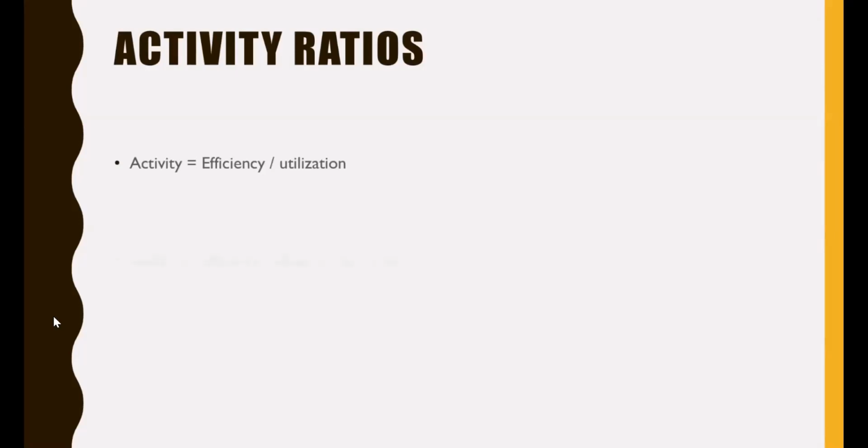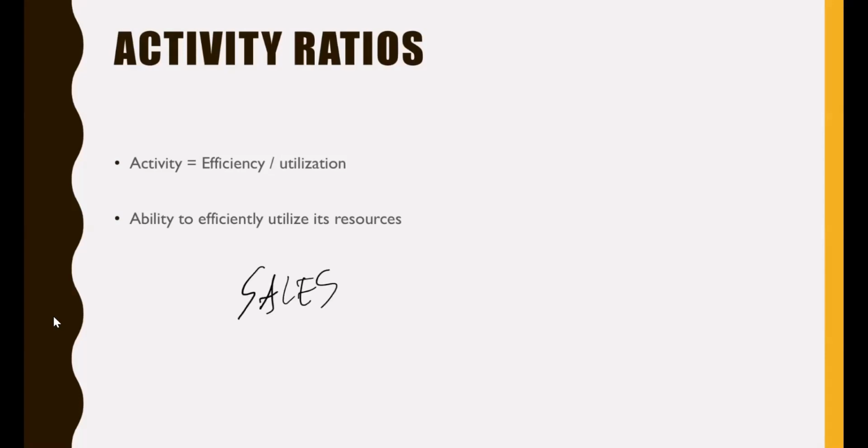Ayan. It measures the ability of the company to efficiently utilize its resources. So, from the first two ratios that we are going to discuss, we are going to assign, no, sales as our activity.